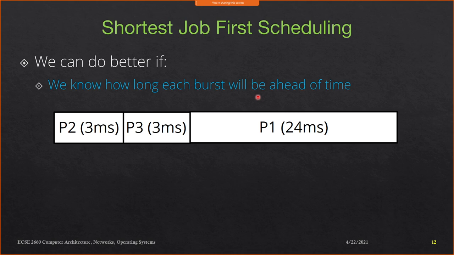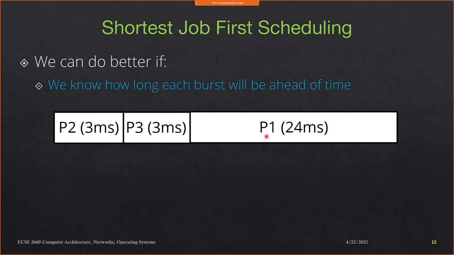So we would need to know how long each burst is going to be ahead of time. But suppose we did, in a hypothetical situation, we knew how long each was going to be. So we know that P2 is 3 milliseconds, P3 is 3 milliseconds, P4 is 24 milliseconds.